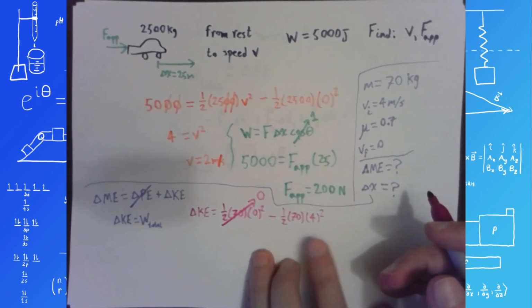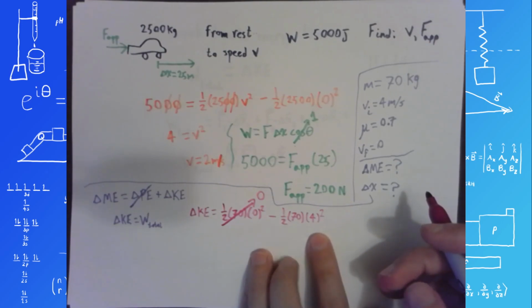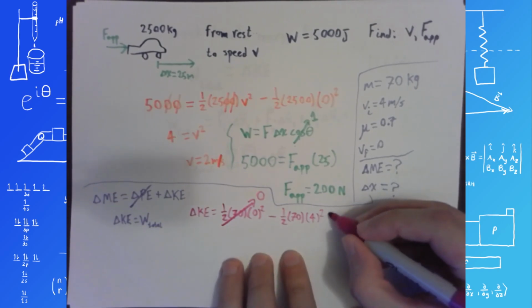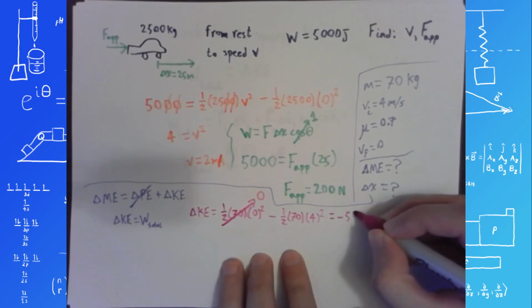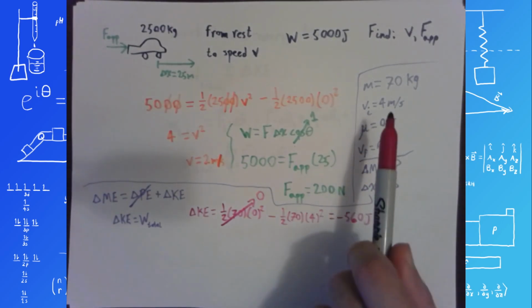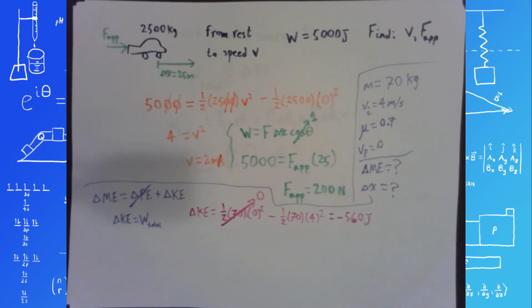And here we've got 4 squared is 16. 16 over 2 is 8. 8 times 70 should be 560. So negative 560 joules. Kinetic energy was lost. They started with a higher speed than what they ended with. They lost energy. Okay, so that takes care of the first part.